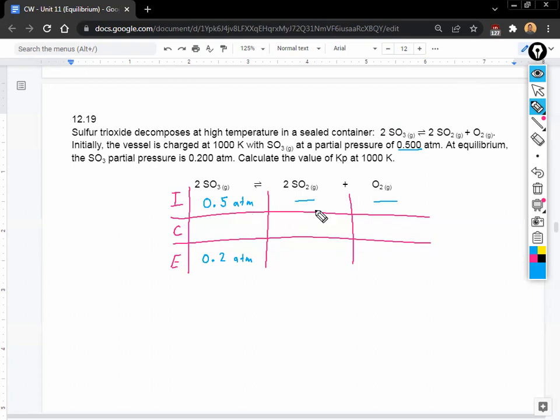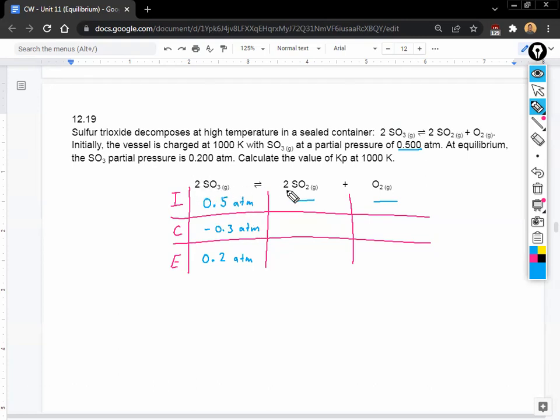Anyway, we don't have any of the products to start with. So now we're going to figure out the change. So the change is what? Yeah, negative 0.3. You've got to be careful with those negatives. Now we do need to be careful because of the stoichiometry, right?